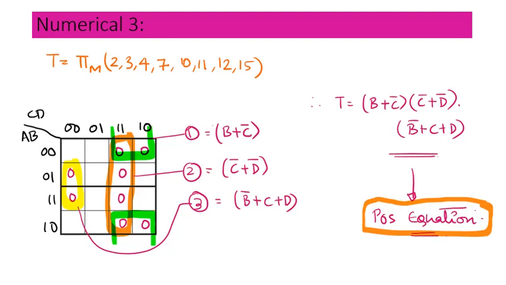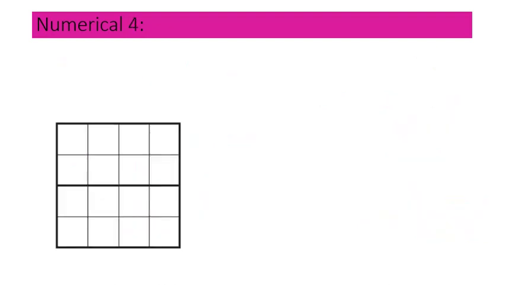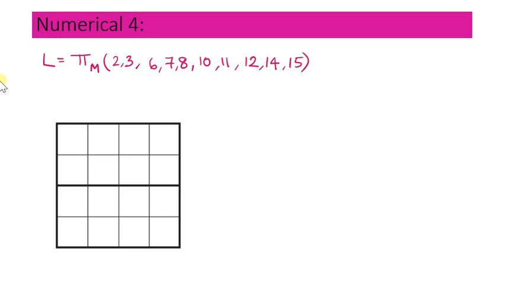Coming to the next numerical, we have L is equal to pi m 2, 3, 6, 7, 8, 10, 11, 12, 14 and 15. So when we map these particular max terms onto the Karnaugh map, we can group them in the form of 8 and in the form of 4 max terms.